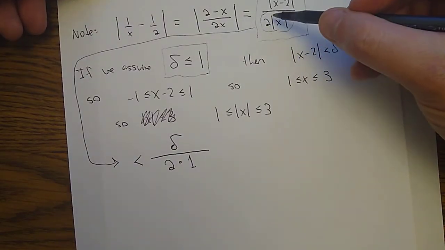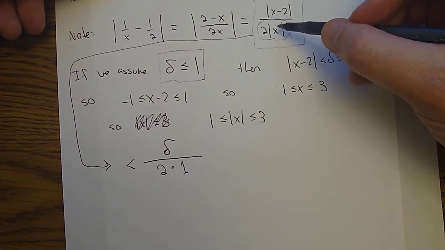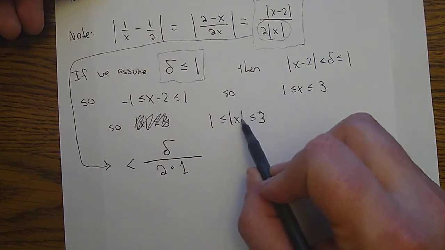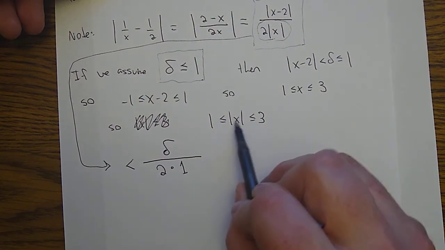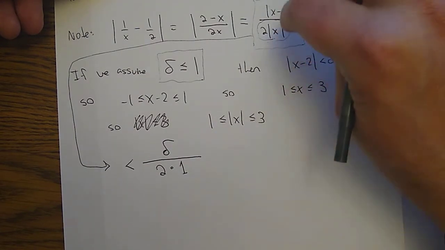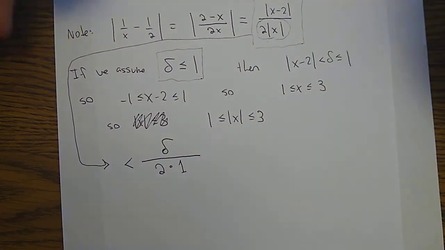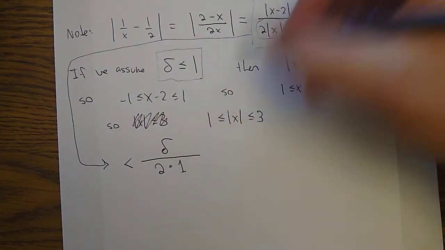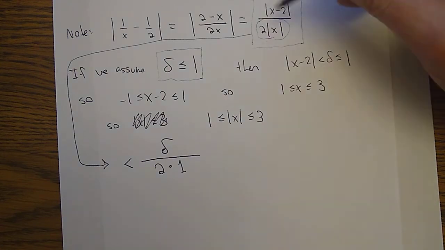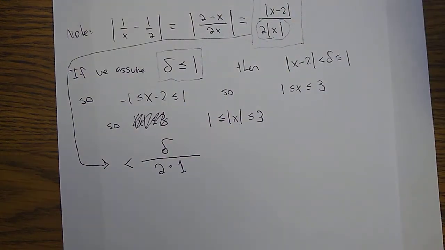What I should do is replace the bottom with something that's smaller, and absolute value of 1 is less than or equal to absolute value of x. So I replaced absolute value of x with something that is smaller, or maybe not strictly smaller, but less than or equal to. So that's what I did. I replaced the top with something bigger and the bottom with something smaller, right?